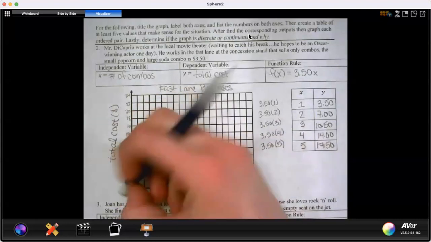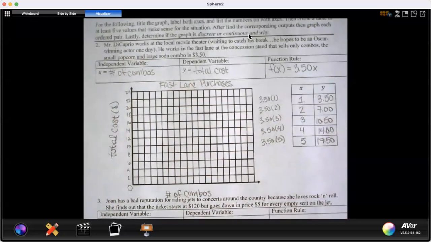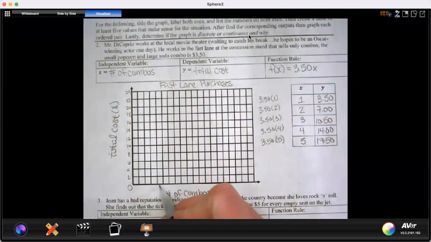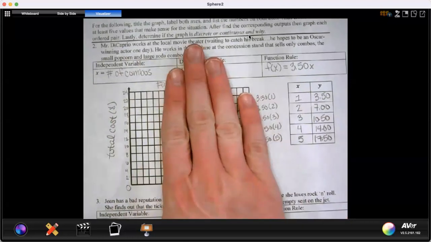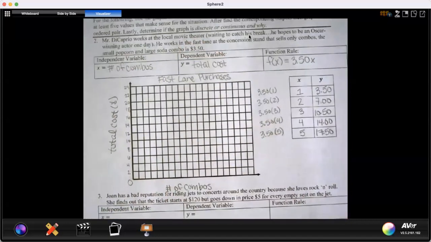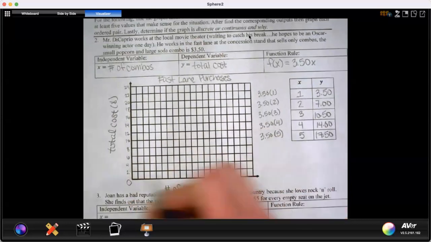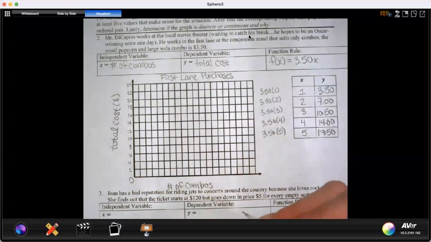Now we need to figure out the number of combos. We only went to 5 combos, but if I only go 1 through 5, my graph is going to be this small version of my grid. So instead, I'm going to space out my numbers. As long as I'm doing the same spacing along the side, I'm good.